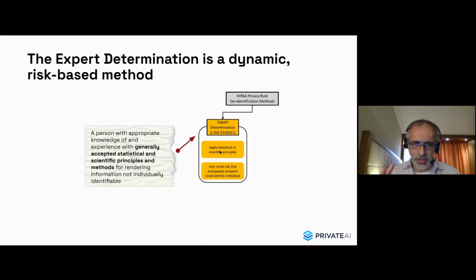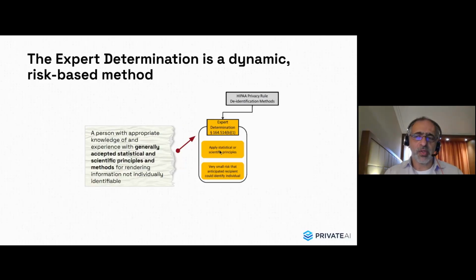And in a few words, in these short paragraphs, it actually captures a lot of very important requirements. So first of all, it requires that a person with knowledge and experience, so it requires expertise. You have to know what you're doing if you're applying this expert determination method. There's no list. You have to do an analysis of your document or your data to determine if the risk of identification is very small.